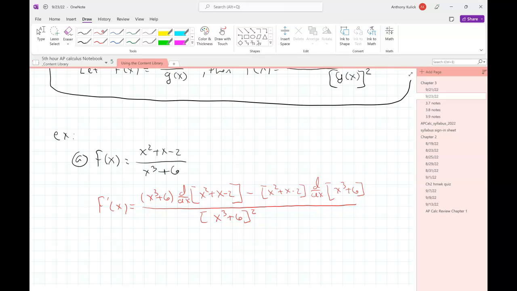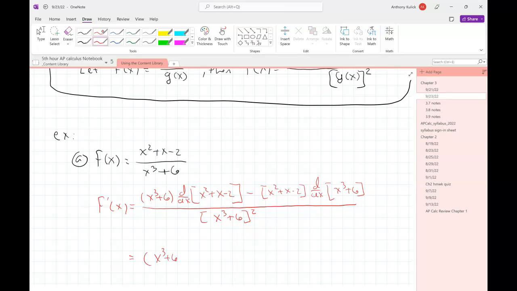Again, as you get more comfortable with these rules, you don't need to write this first intermediate step where all I'm doing is taking the stuff that I have and dumping it into the formula for the product or quotient rules. But these are notes, and I think it's enormously helpful if you go back and look at your notes that you can see what the step was that we were doing.